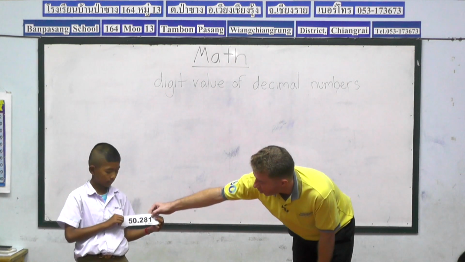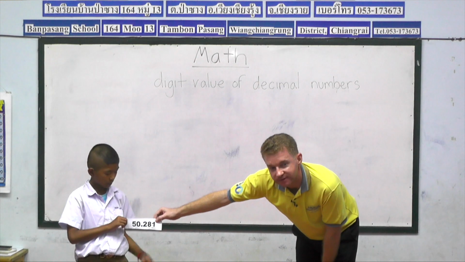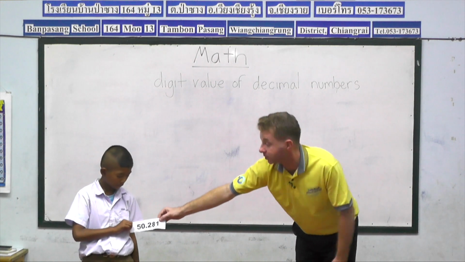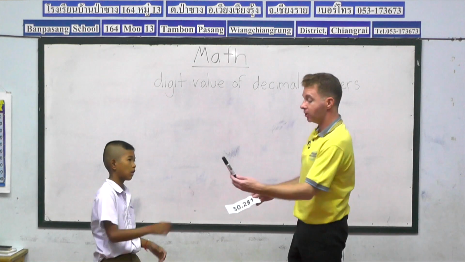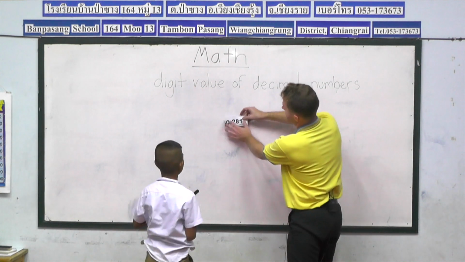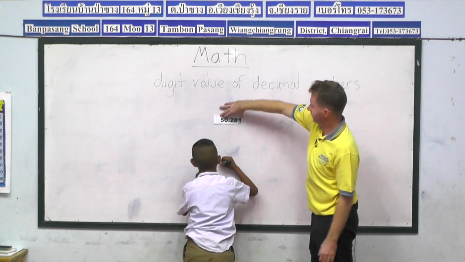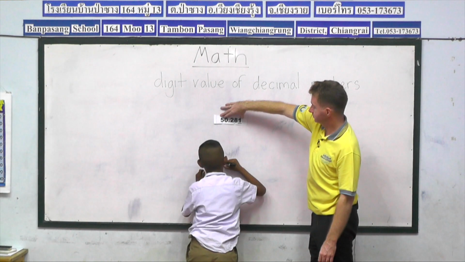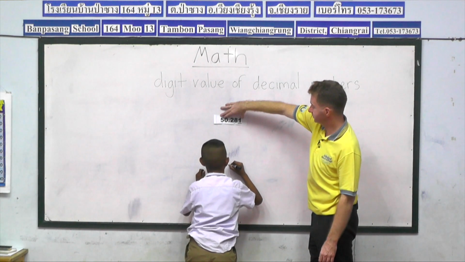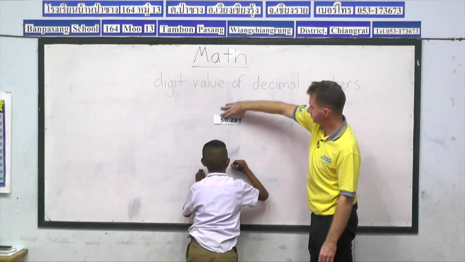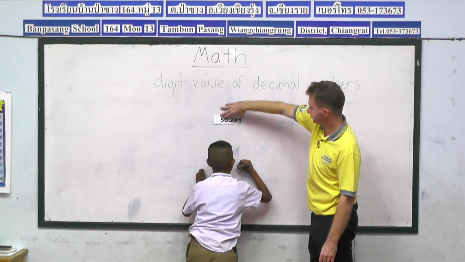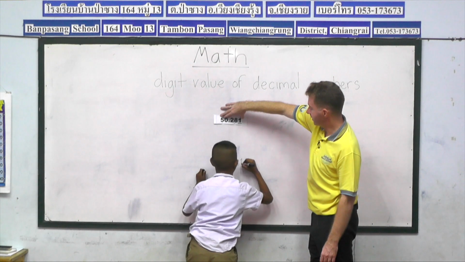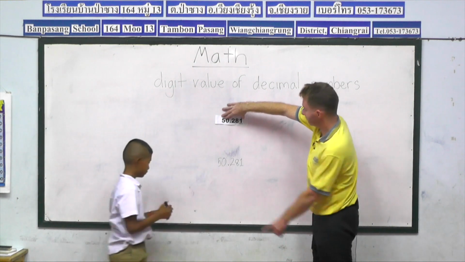And what number are we interested in finding out the digit value? 1, the underlined digit. Well, first of all, Pat, can you write this number on the board? 50.281. And then underline the 1, please, for me, Pat.